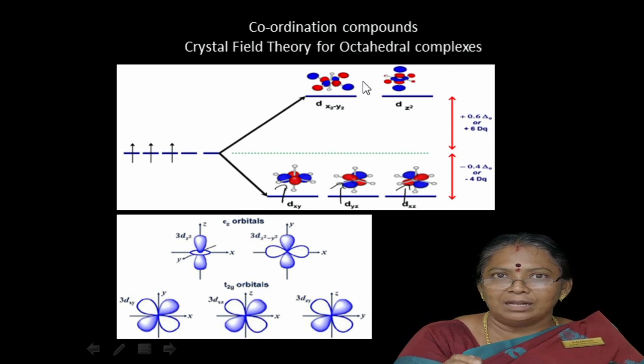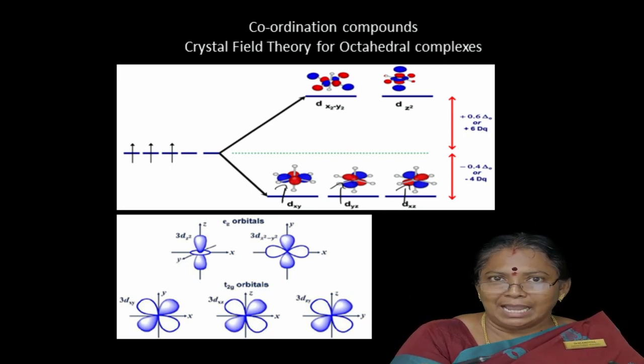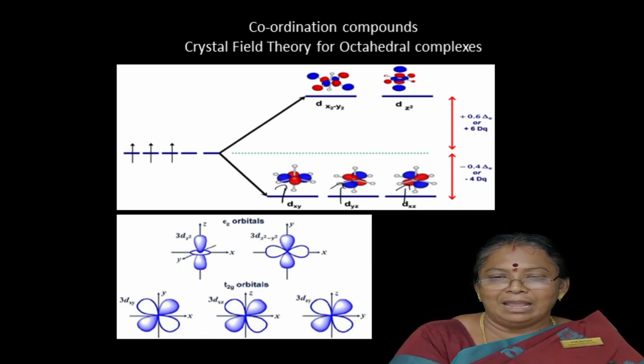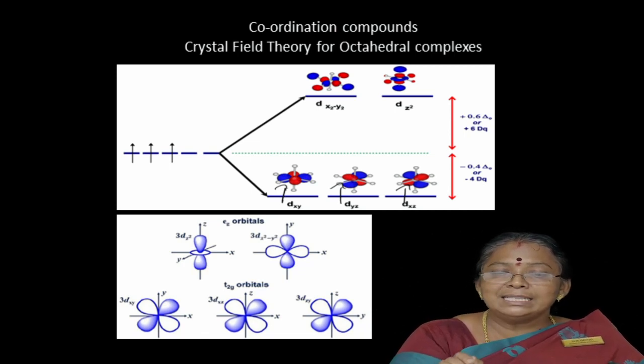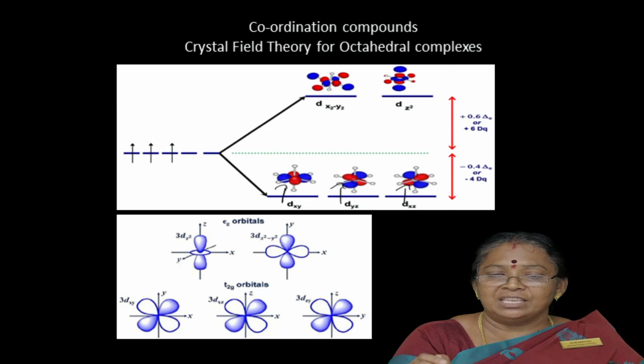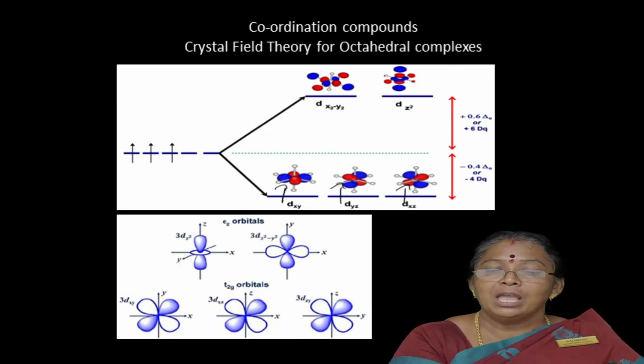The T2G orbitals release energy and come down from the ground level. Then the EG orbitals, that means the x squared minus y squared and z squared orbitals, gain energy and go upward from the ground state.